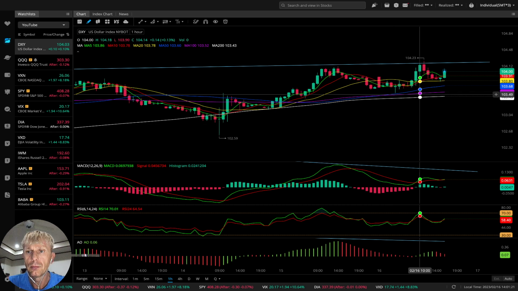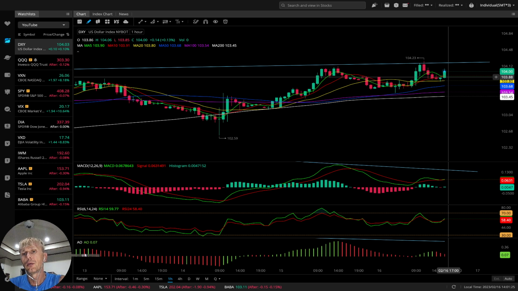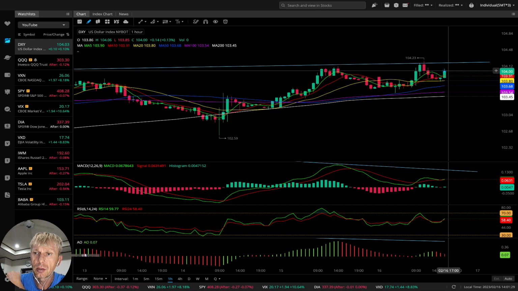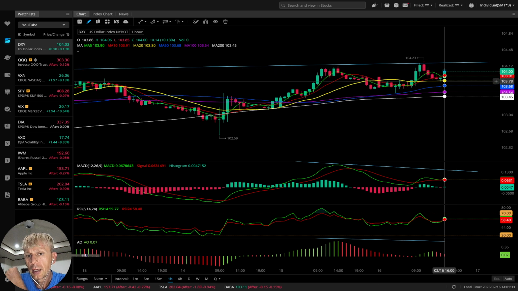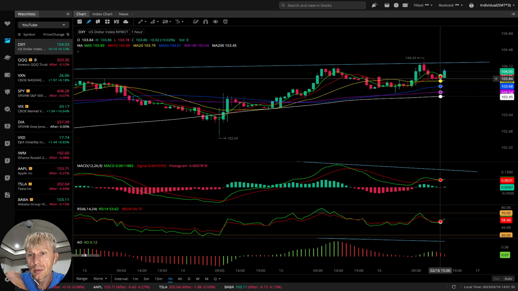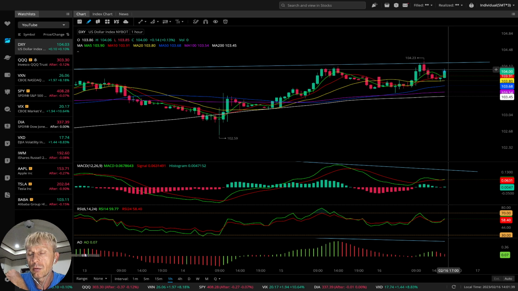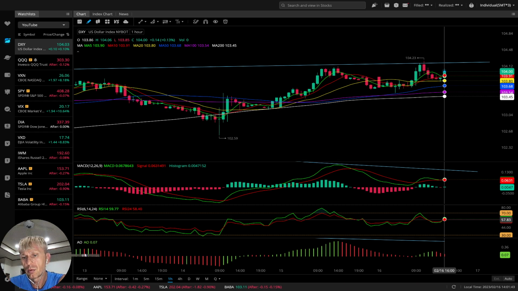On 1 hour, MA5 did a bearish crossover. It was negative, and like I said, in the last hour it changed direction from bearish to bullish. Yeah, in the last 2 hours it bounced from MA200 and from MA20. MACD did a bullish crossover, RSI bullish crossover, and the oscillator is still bearish.